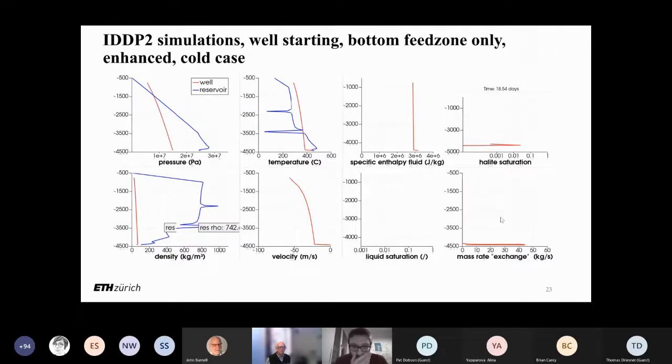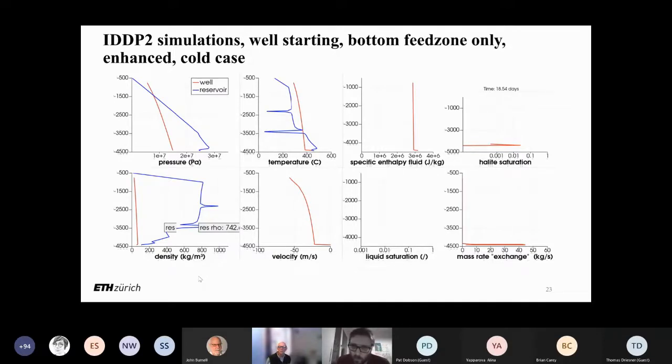And so if we do that, in the cold case again, we can start the well, because we could start it anyway before. So now it's even easier to start it. And we have appreciable flow rates of more than 40 kilograms per second at around 3 megajoules per kilogram, at slightly low density, so around 50 kilograms per cubic meter.